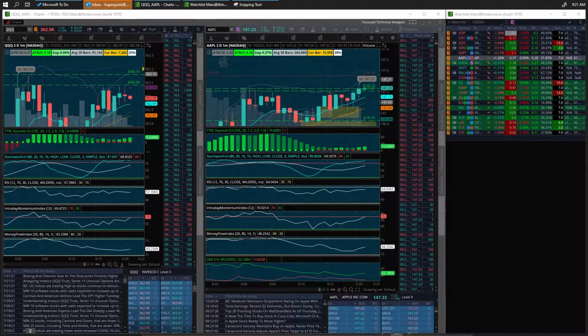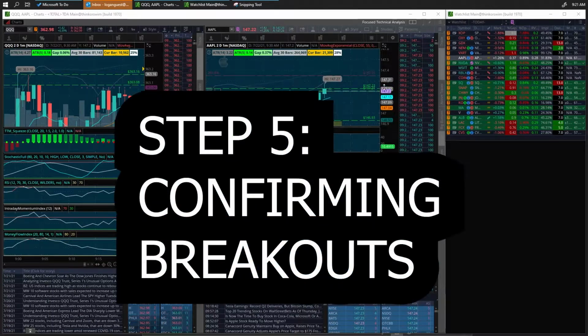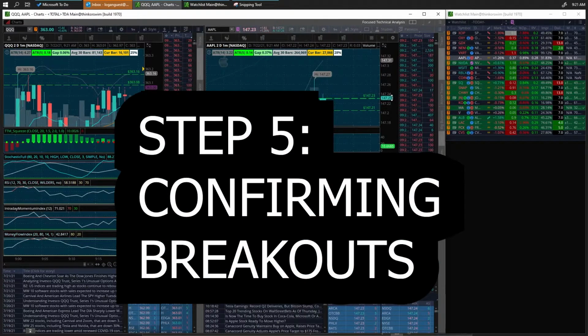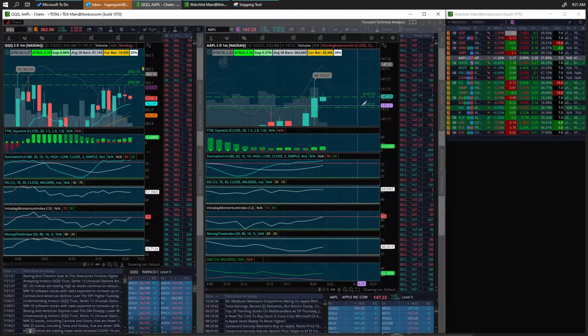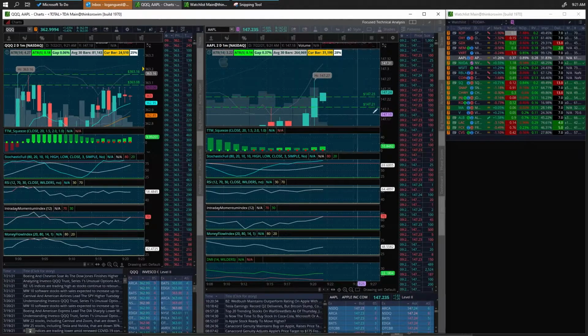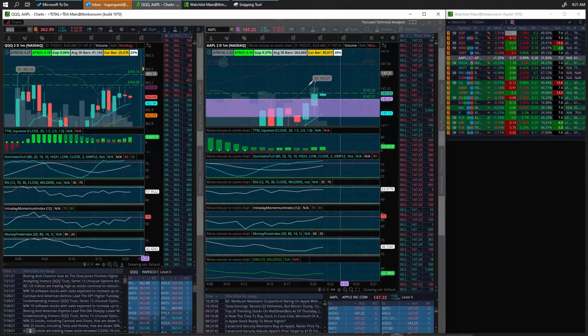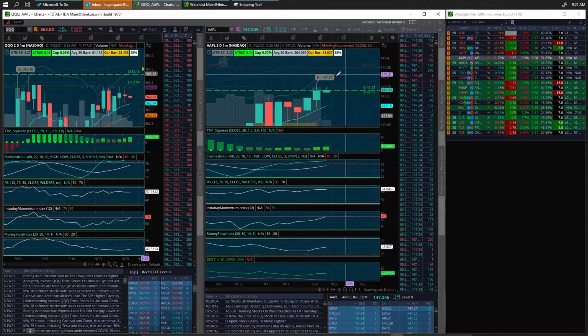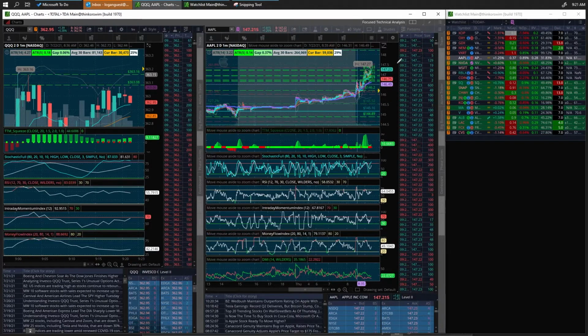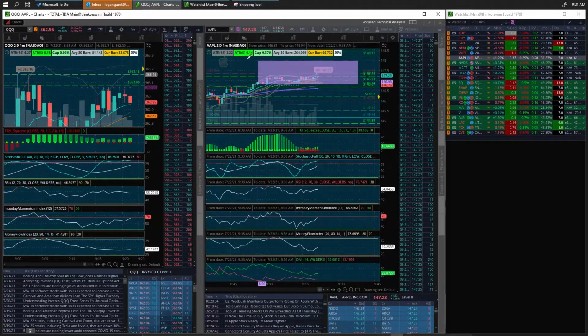Okay, so now we're waiting. I just had to let the community know. Now we're waiting for this to do a bounce off that 147.21. If we hold that and we continue, this is going to be a nice breakout. This is going to be a very, very beautiful move.